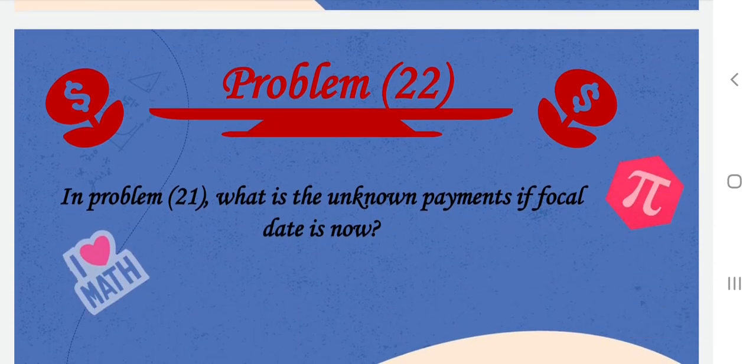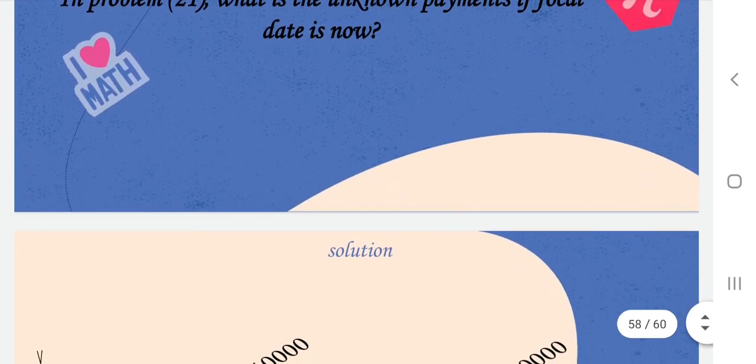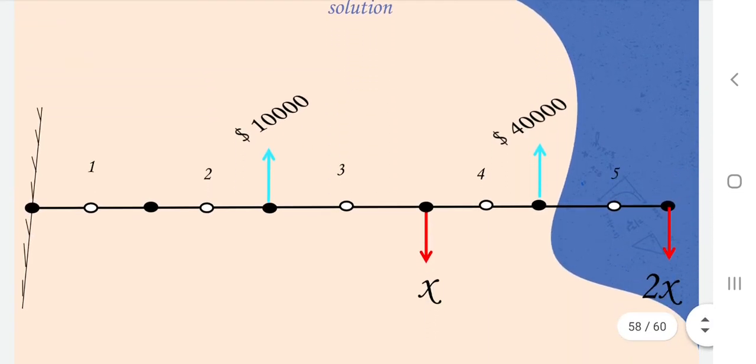Problem 22. In problem 21, what is the unknown payment if the focal date is now? If we draw the focal date now, the main formula will be: the present value of old obligations will be equal to the present value of new obligations.